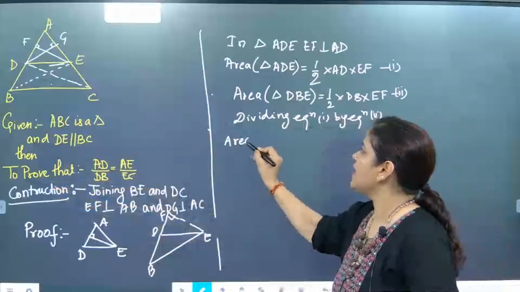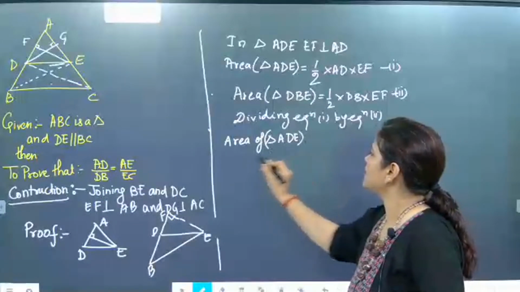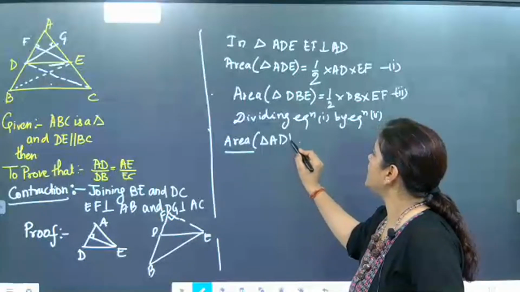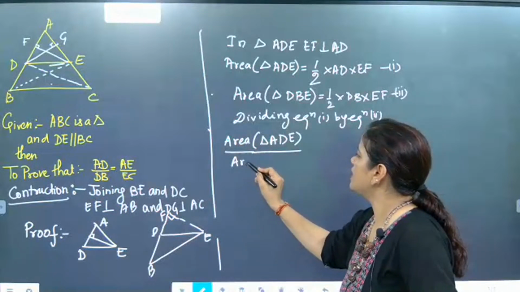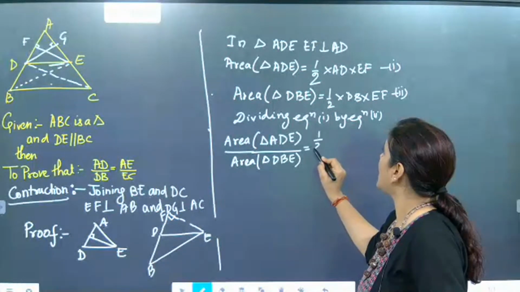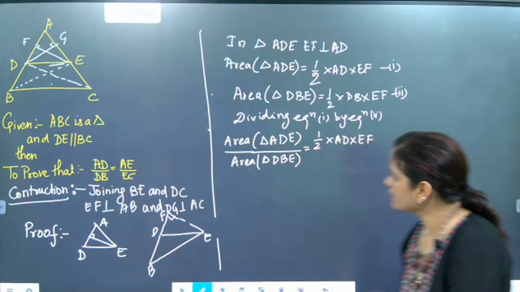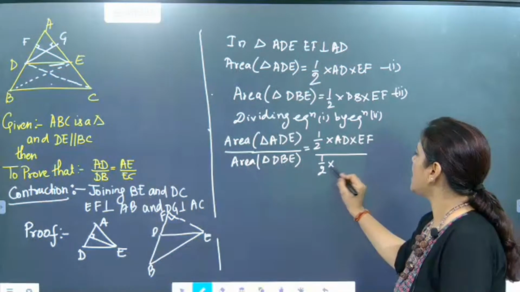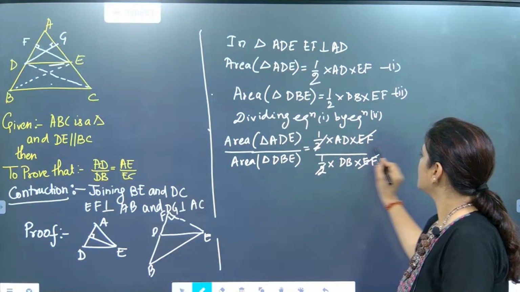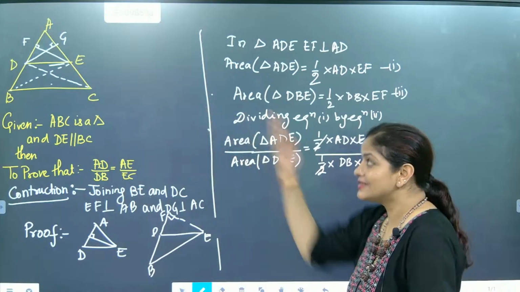We will write area of triangle ADE by area of triangle DBE is equal to half AD into EF by half DB into EF. So what is it coming to? AD by DB.